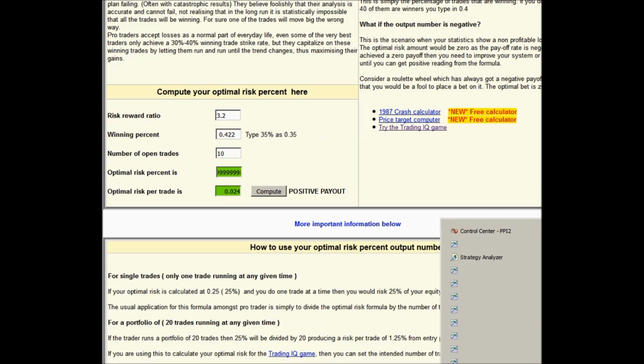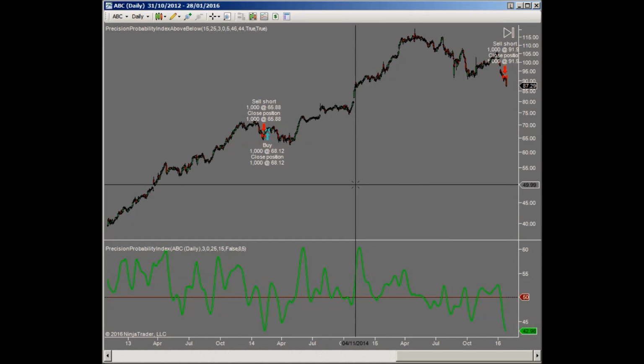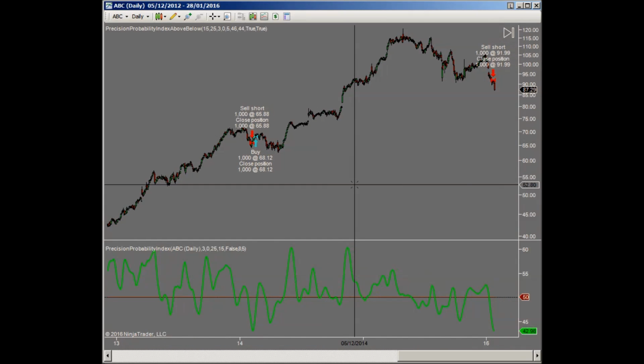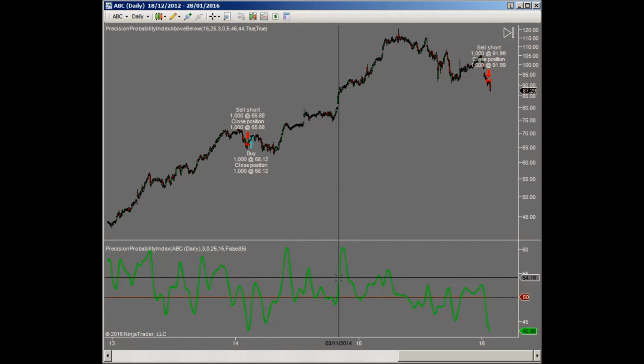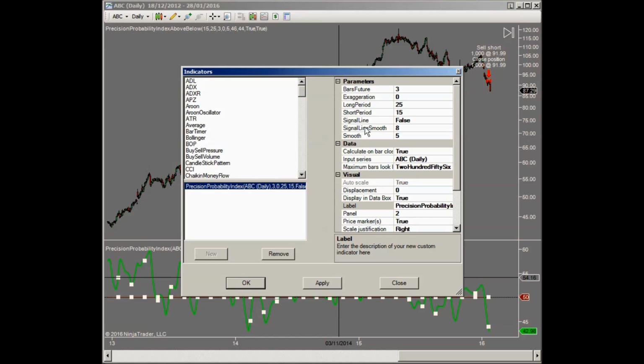Going back to the chart again, I'm going to demonstrate the exaggeration factor quickly, which is on the indicator and the strategy. I'll just put it on the indicator. So 0 is the default, and this means that the percentage probability shown here is correct.